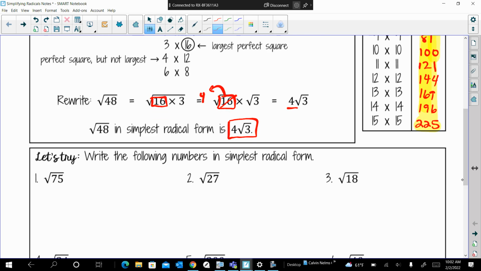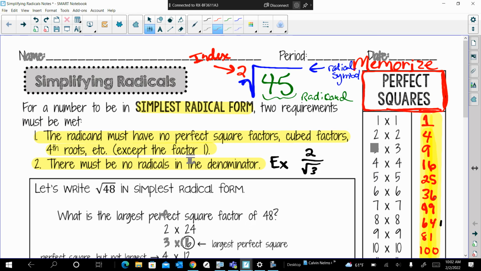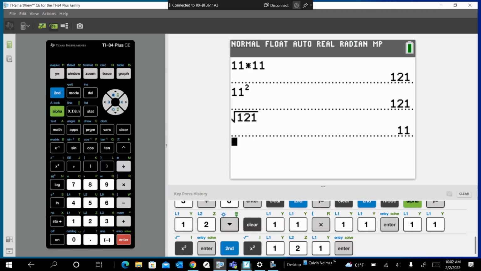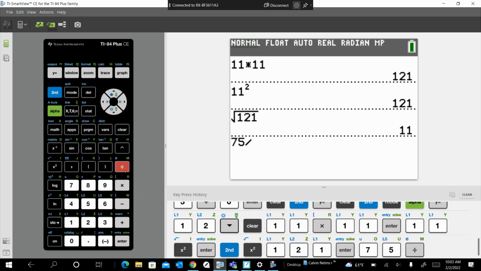So what you do is you take this square root of 75, right? I'm looking at this row here. What numbers in this column go into 75? 25. Yep, 25. If you're not too sure, you just basically take your 75 and divide by those perfect squares.